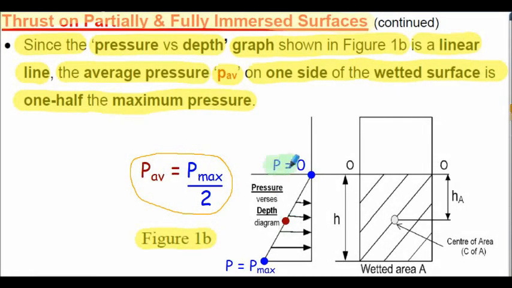If we have 0 gauge pressure here at the surface and we have maximum pressure, rho GH, at the base, the lowest point in the fluid, then it seems reasonable to calculate the average pressure as Pmax divided by 2. So the average pressure occurs here at the centre of area. Notice that the depth of the fluid is labelled as height h here, and halfway down this height is labelled as HA, the location of the centre of area.